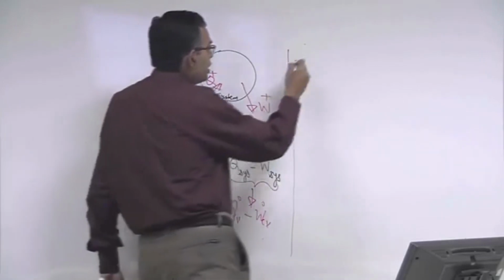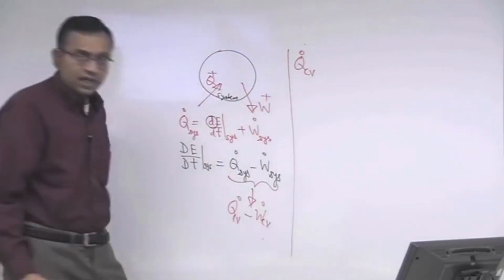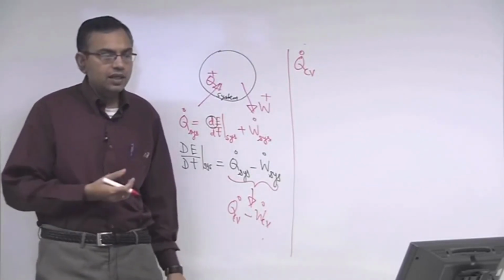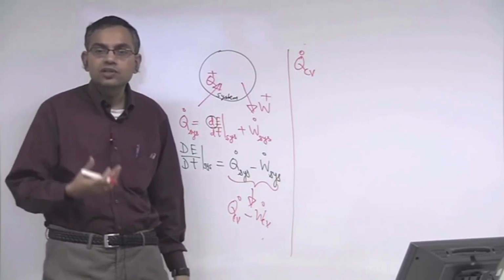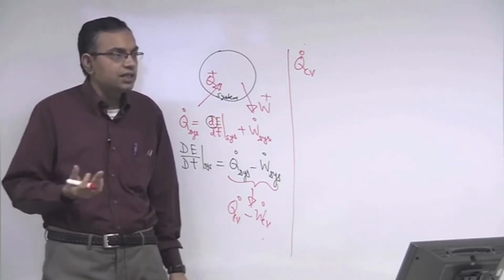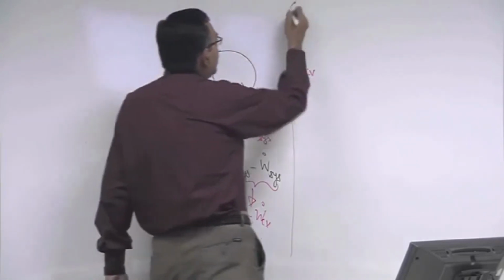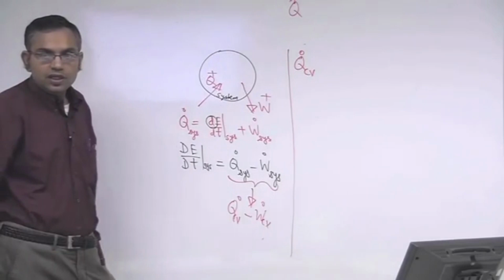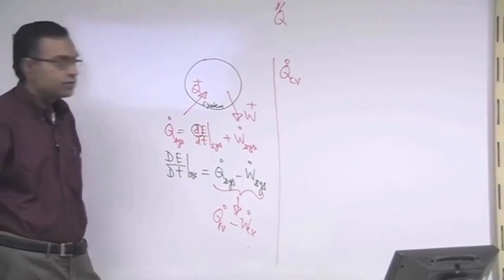So, q dot CV: what is the rate of heat transfer? Just like in continuum mechanics, in force you have surface force and body force, similarly in heat transfer you have volumetric heat transfer and surface heat transfer. So, for the volumetric heat transfer, let us say that q triple prime is the rate of heat generation within a volume per unit volume.